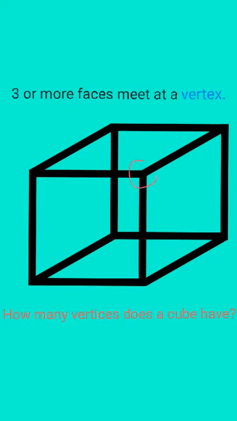So we already know we have 1 vertex on this cube. And by that logic, we would also have 1 over here, 1 down here, over here, on this side, and over here. So that means that a cube would have a total of 8 vertices.